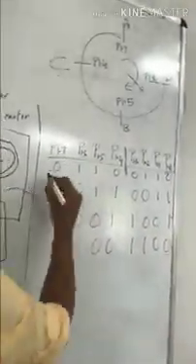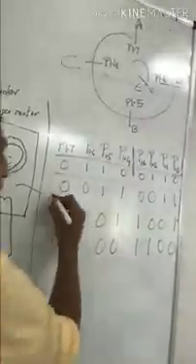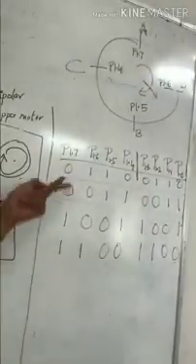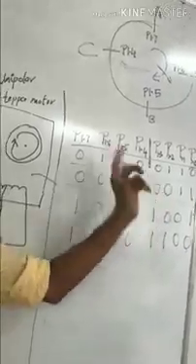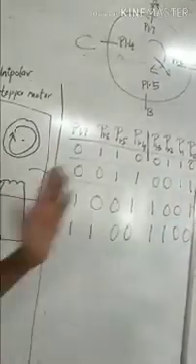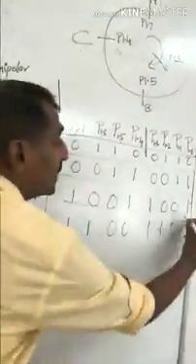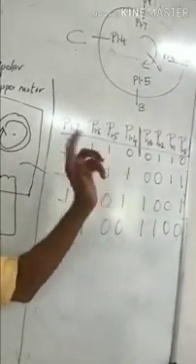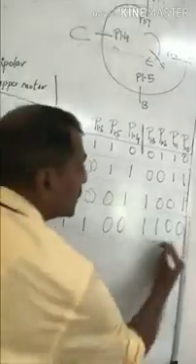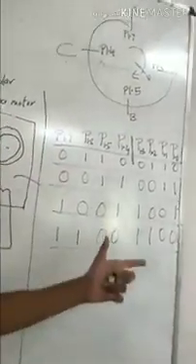You can see that for these sequences, the first sequence and the second sequence, what is the similarity? The only thing is the second sequence is the first sequence shifted to the left by 1 bit. What is the third sequence? The third sequence is again the second sequence shifted left by 1 bit. What is the fourth sequence? Again it is the third sequence shifted left by 1 bit.